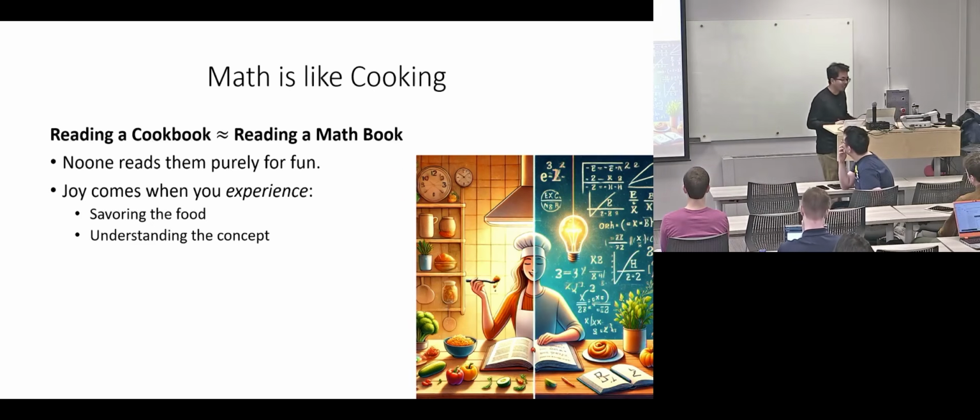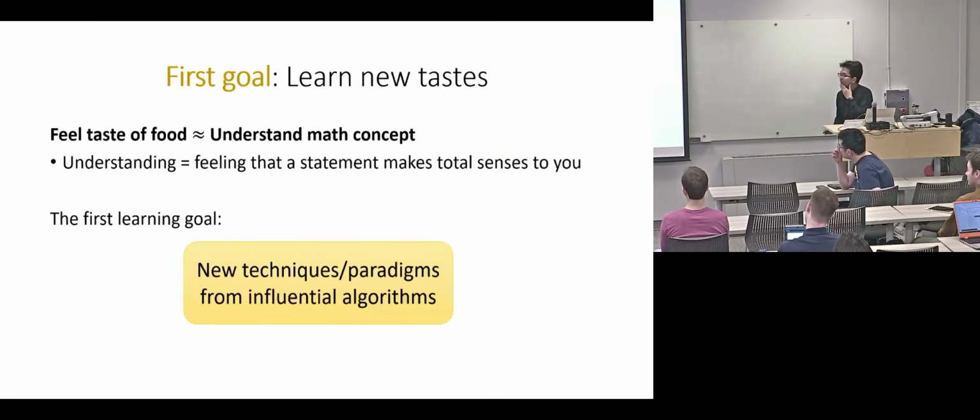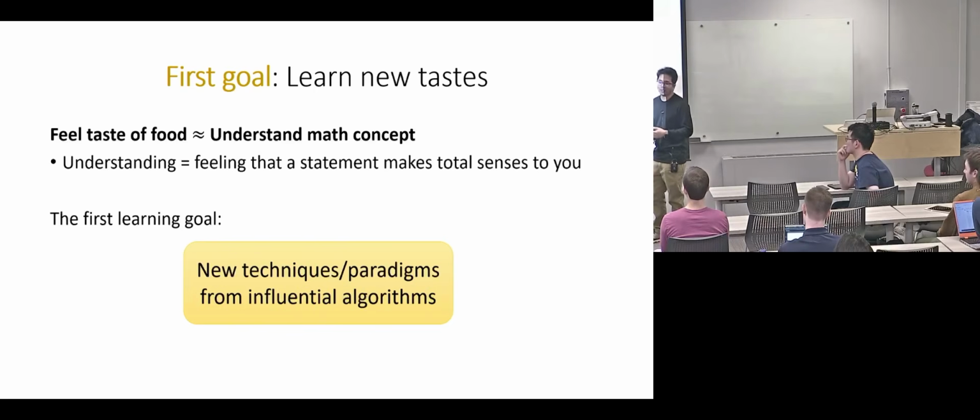Not just to read the symbol itself. So the first goal of this class, when I say that I want you to learn techniques or paradigms from some inferential algorithms, is similar to wanting you to learn some new taste.